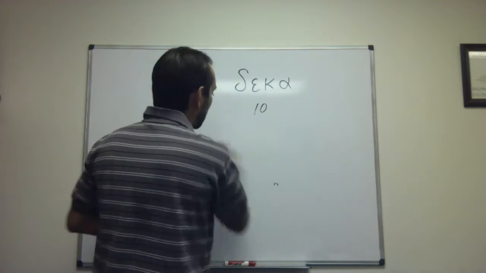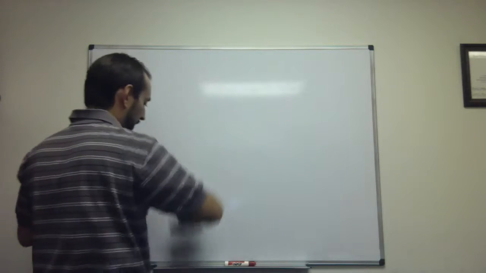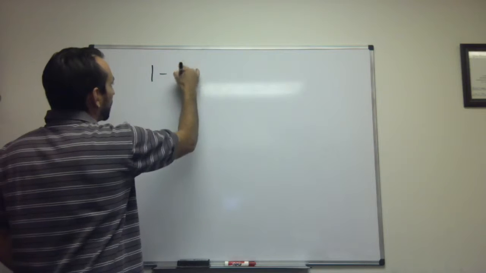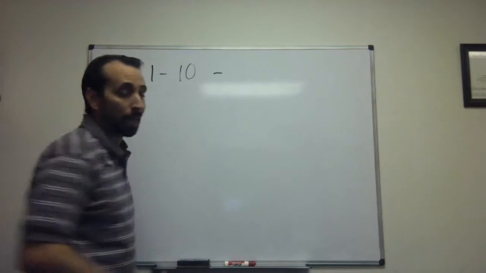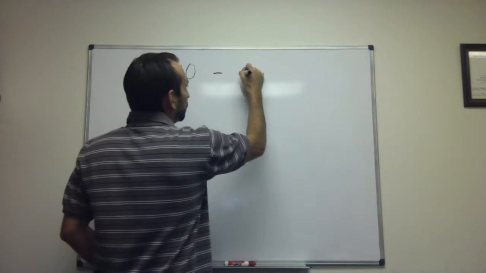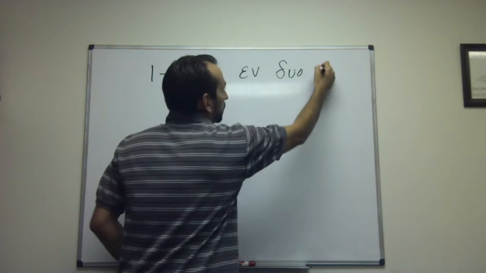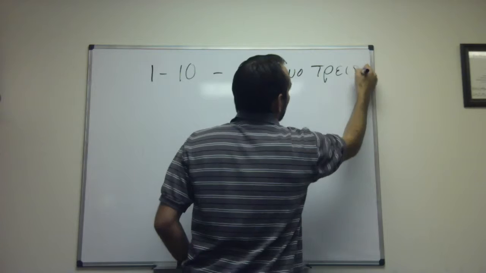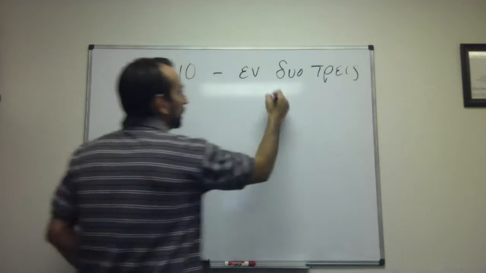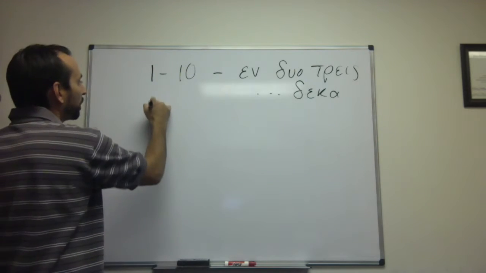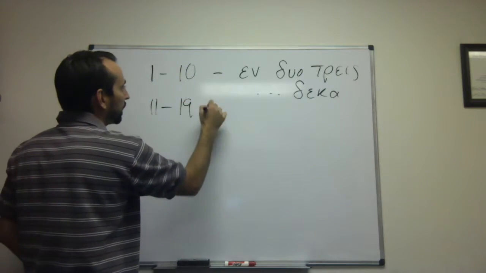Now, let me see if I can help you understand this. If I want to say any number 1 through 10, well, you've got vocabulary words for that. It's hen, it's duo, it's tres, and so on, all the way up to 10, which would be deca. You've got a vocabulary word for each one of those. What if I want to say any number 11 through 19?